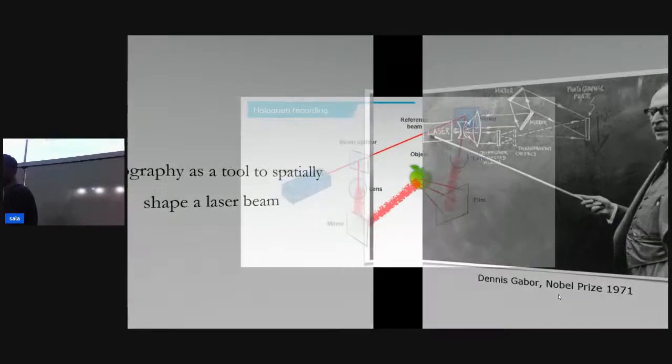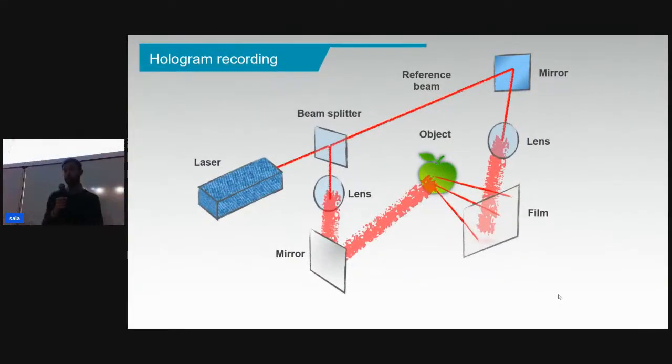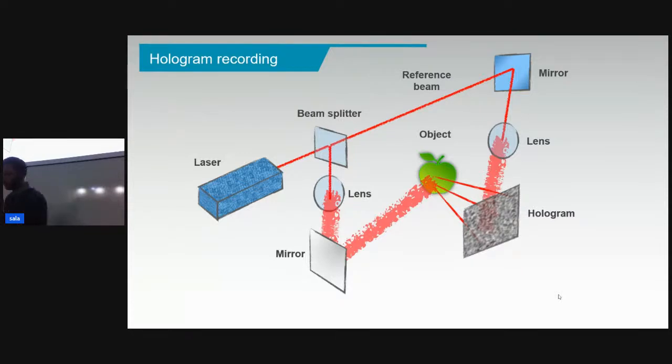So if we make the connection with Gabor's original form of holography, again, we have a laser beam, we have an object that we want to capture its properties, and we divide the laser beam into arms, the object arm that is reflected off the object, and the reference beam that propagates unaltered, and we record on a photographic film the interference between these two different beams. And this is the hologram.